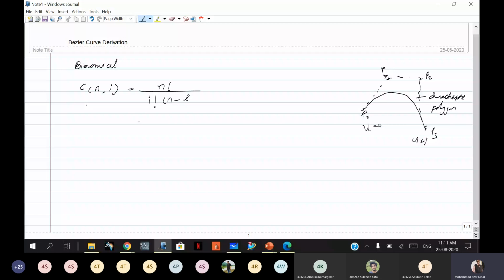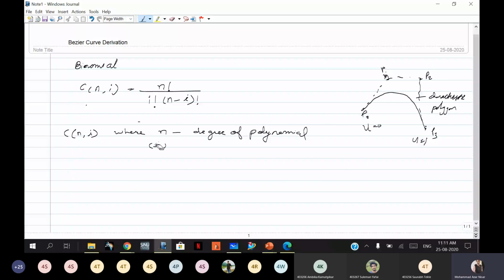In this C(n, i), n defines the degree of the polynomial, whether it is cube or square. It is the degree of polynomial, and the value of i is the control point.